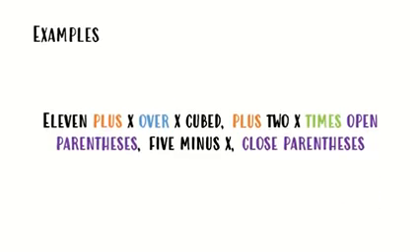Yep, so this would be 11 plus x over x cubed, and then plus 2x times open parentheses 5 minus x close parentheses. Another way to say it would be 11 plus x over x cubed plus 2x times 5 minus x, all in parentheses.